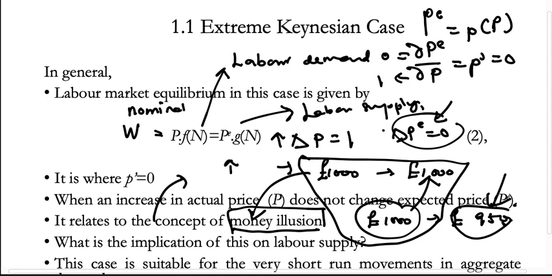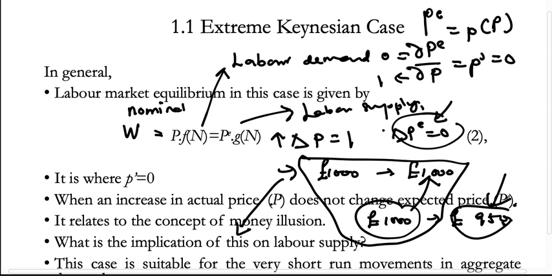So if this is happening, what happens to labor supply? Remember, labor supply comes from household. If you supply labor, you receive income. But if the way you look at income is this way, then of course it may affect your decision on supplying your labor hours.